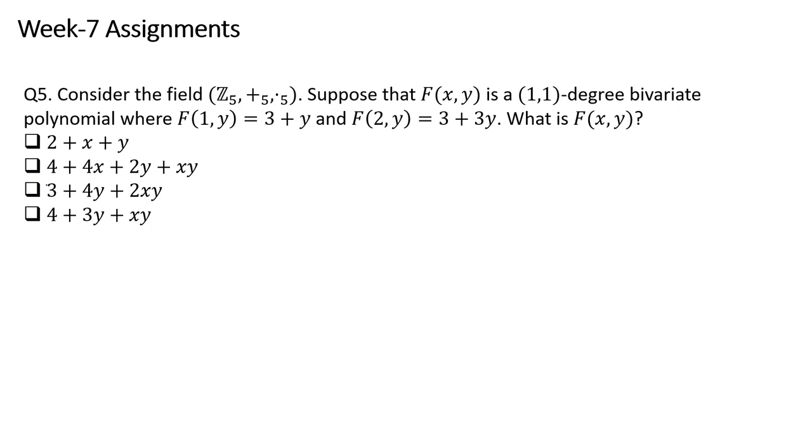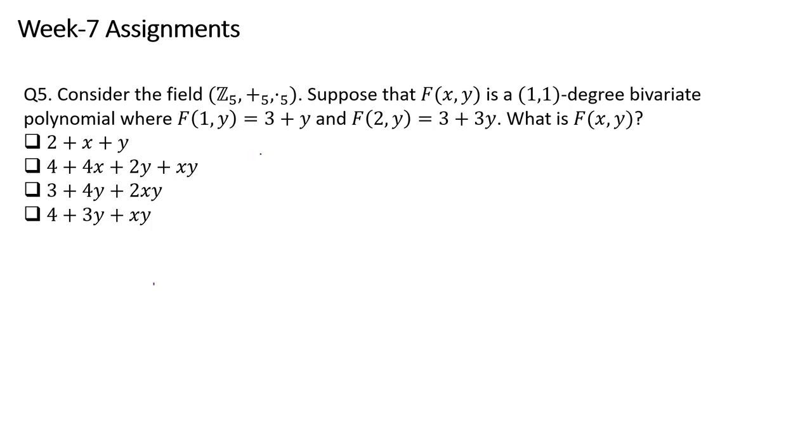What is f(x,y)? So this is a straightforward question of interpolating the polynomial f(x,y) provided the column polynomials, right? Because the x value is pinned to a fixed value, that means we get column polynomial.